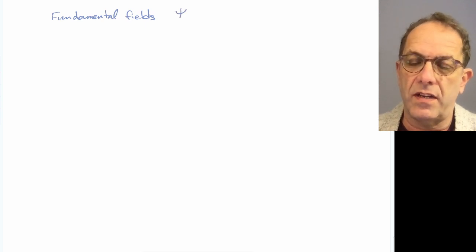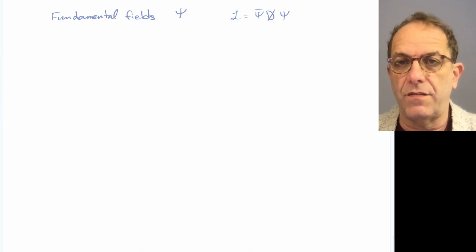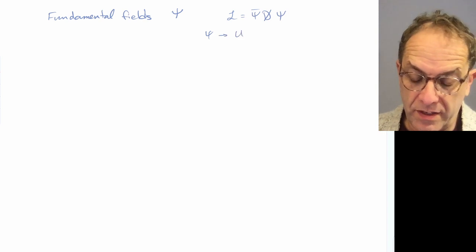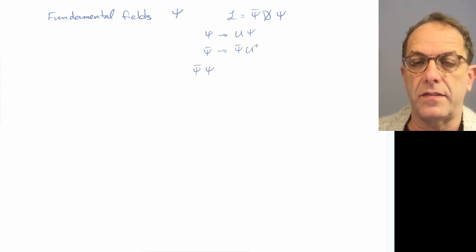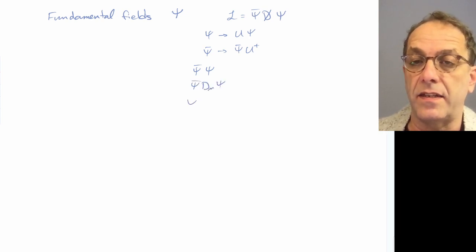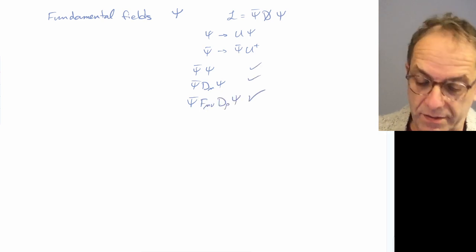So if we have fundamental fields, like say a fermion psi, which has standard action, this Lagrangian itself is a gauge invariant object. So indeed, psi transforms to U times psi, psi bar transforms to psi bar U dagger, and then psi bar psi is gauge invariant, as it is if we insert more derivatives and field strength in it.